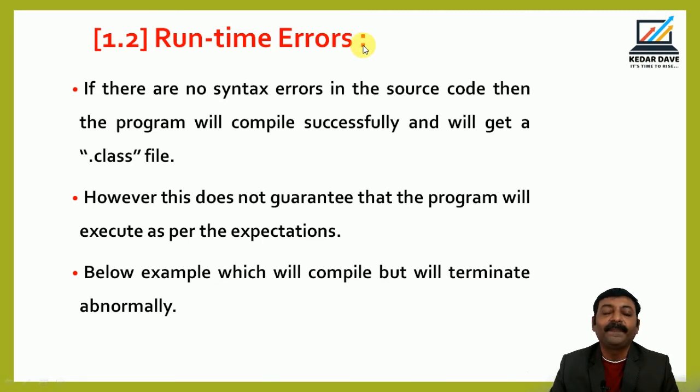If there is no syntax error in the source code, then the program will compile successfully and you will get a class file. However, it does not guarantee that the program will execute as expected. For example, it will compile but will terminate abruptly, abnormally.